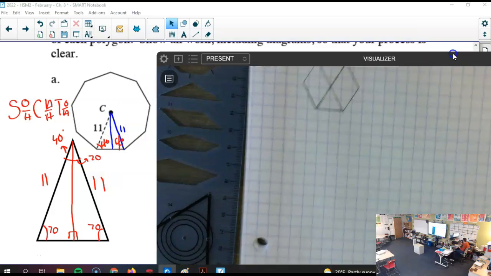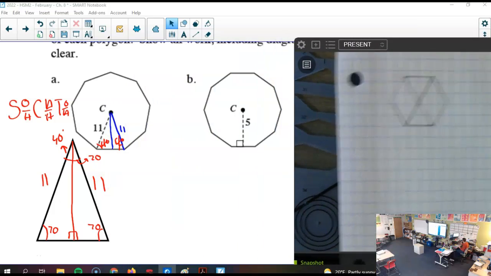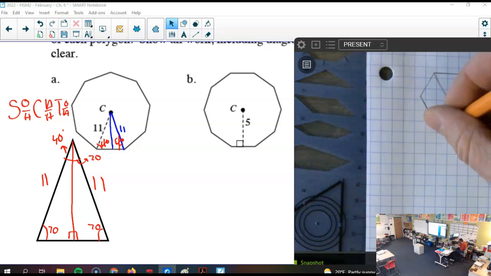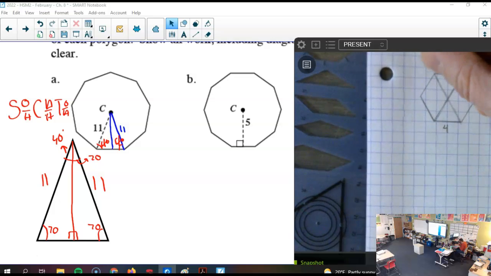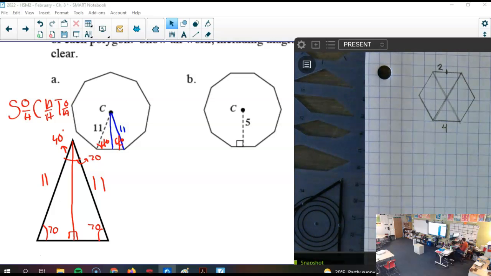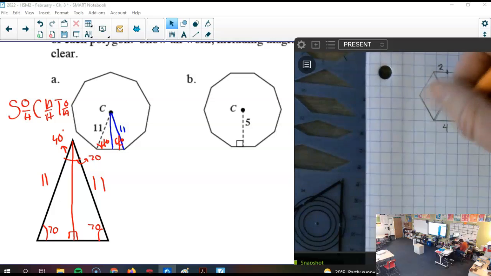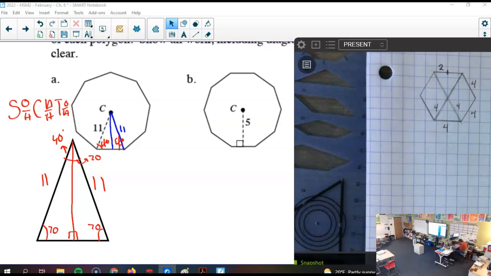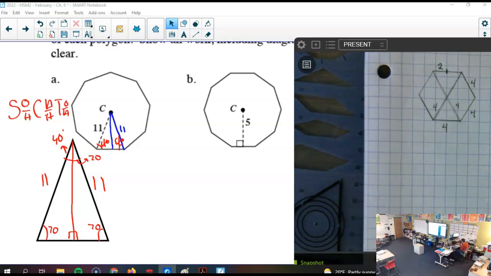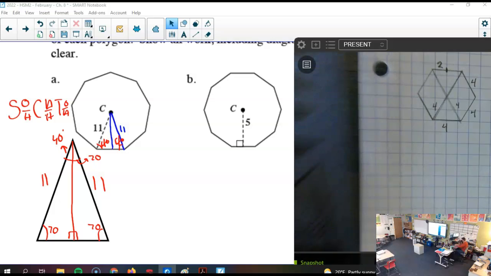So our hexagon tells us that we have edge lengths of 4. So we can break that up and say we've got 2. And then the size of 4, because 360 divided by 6, so we got 4s everywhere.